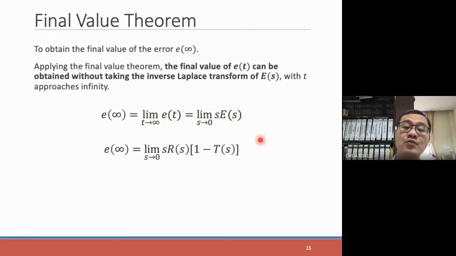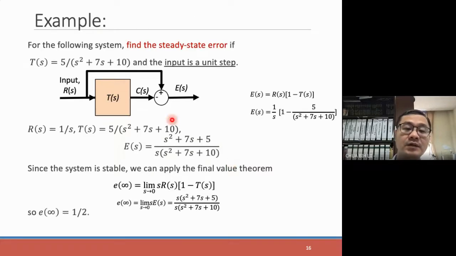Now how do we apply this further? You know that the error function is R multiplied by 1 minus T(s). From there we can estimate or calculate the error. Take this as an example so that you can visualize how it may look.